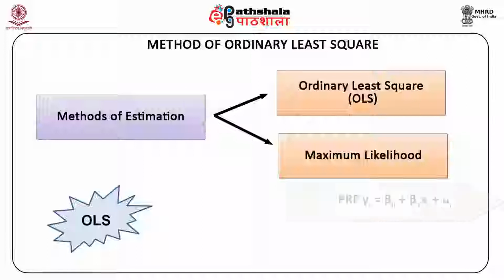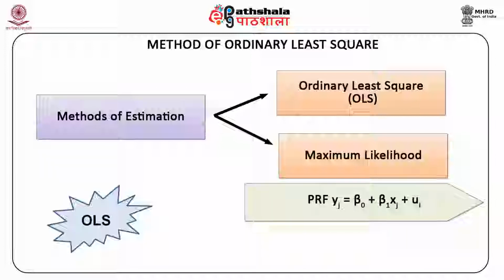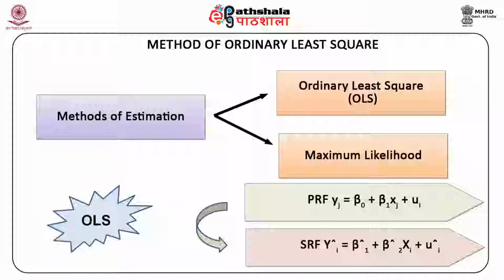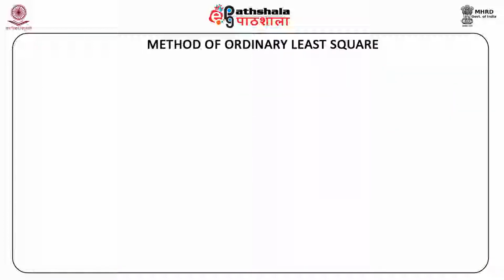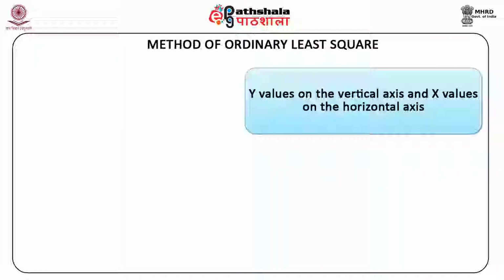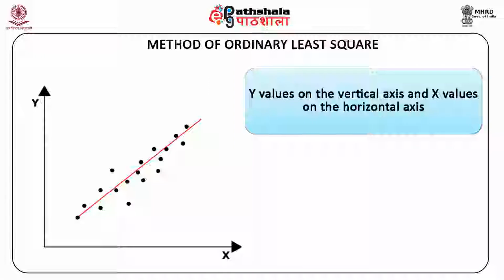The PRF yi = beta 0 + beta 1 xi + ui is estimated using the simple regression function y hat i = beta hat 1 + beta hat 2 xi + u hat i. Plotting the regression line with y values on the vertical axis and x values on the horizontal axis, we get a trend line as shown in the figure.